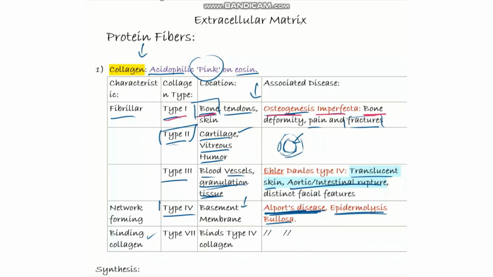So any problems with the type 4 collagen, which is the network forming collagen, would lead to a disease in the kidneys or a disease in the skin, basically a disease in the basement membrane. Now the binding collagen binds type 4 collagen and type 3 collagen, type 4 especially, so it would lead to a disease in the basement membrane again. And we studied that type 7 collagen is present in the basement membrane in the first chapter, the epithelium.